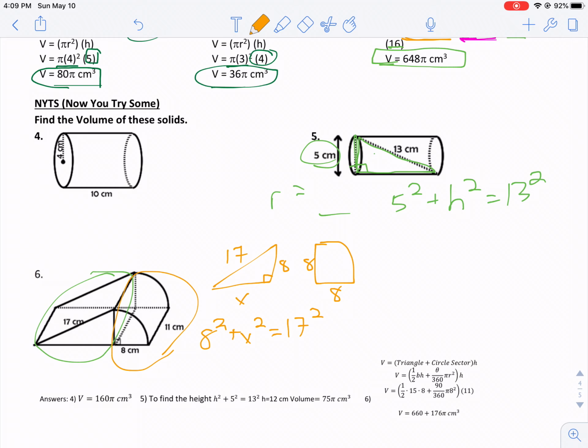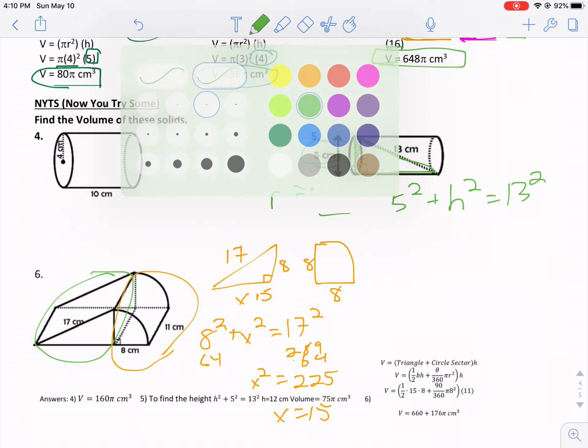We'll work all that out and get x, so that's 289. This was 64, so x squared, I'm subtracting 64 from this side, equals 225. So x is 15, and I'm probably going to have to erase at some point here. So this part is 15, which allows me to find the area of that triangle, not rectangle. So I'm going to do the rest of this one.